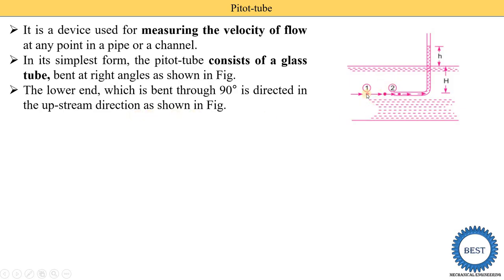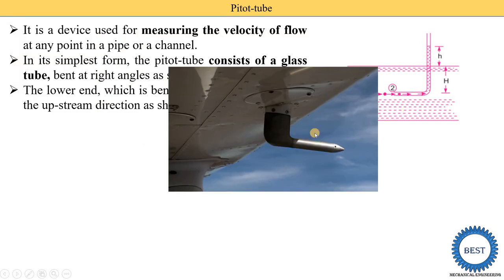So the lower part is inserted in the upstream direction. Water enters through this L-shaped bent portion of the pitot tube, and this water level is measured here.